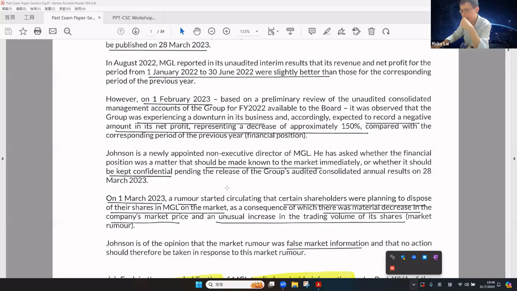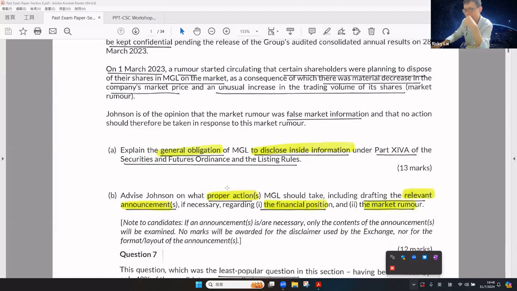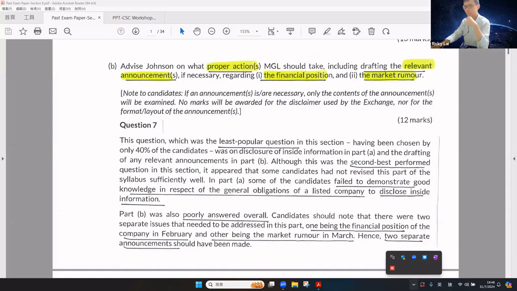As a result, there was a material decrease in the company's share price and an unusual increase in the trading of these shares. The NED is of the opinion that the market rumor was false market information and no action should be taken in response to it.